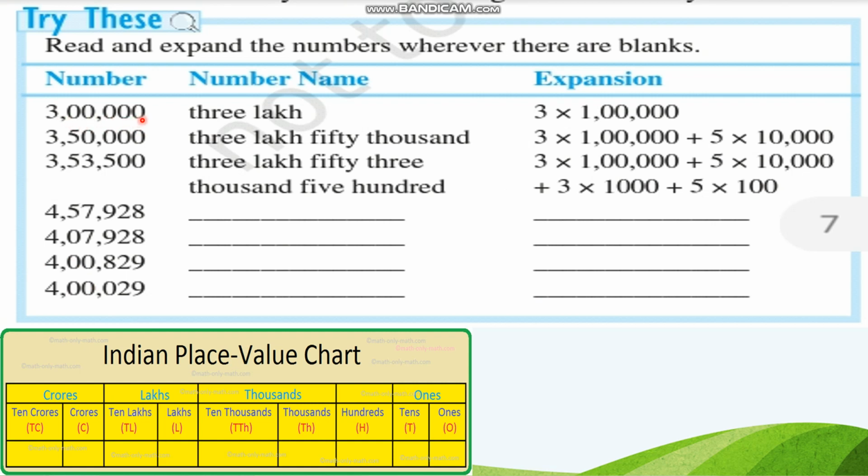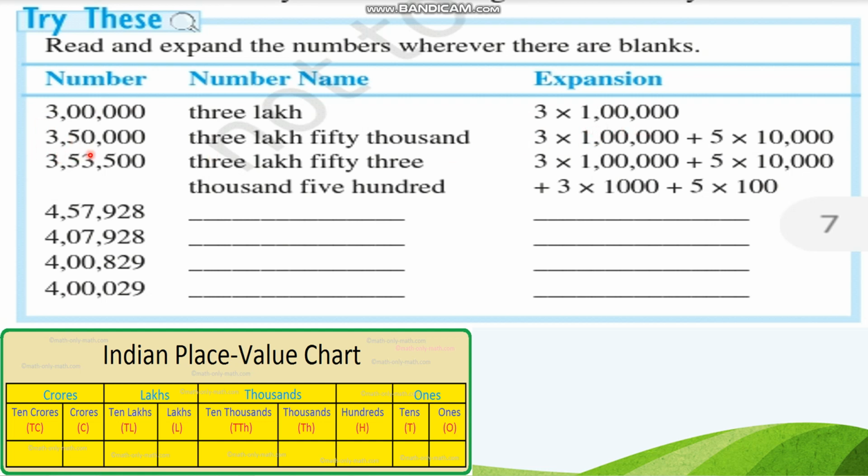It has 0 in ones place, tens place, hundreds place, thousands place and 10,000 place. The digit comes up to lakhs place. So how to read this number? 3 lakh. And the expansion is 3 into 1 lakh. The 3 comes in lakhs place, so the expansion is 3 into 1 lakh.